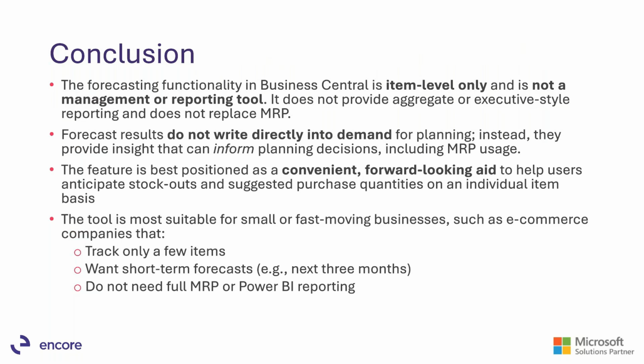Because of that, we think this will suit a small, fast-moving business like e-commerce. Those kinds of companies want to track a small number of items and have short-term visibility, maybe for the next 3 months. Where do I have a stock out in the next 3 months? Where is my item forecast?